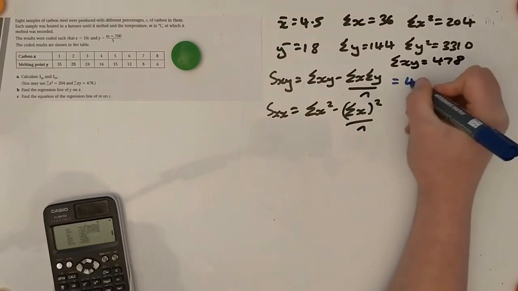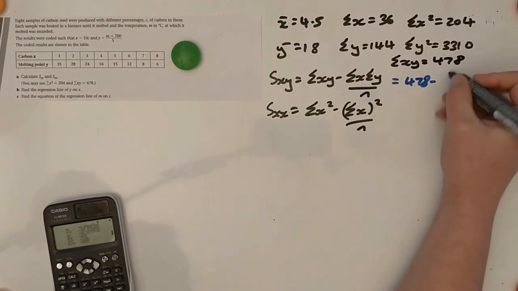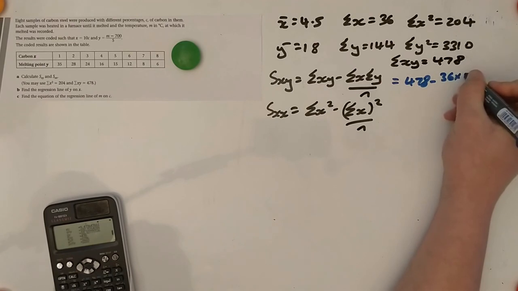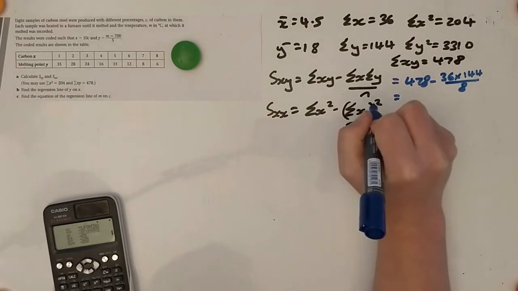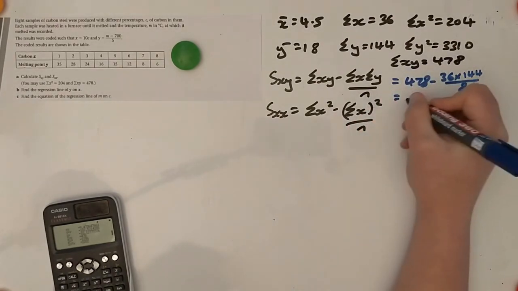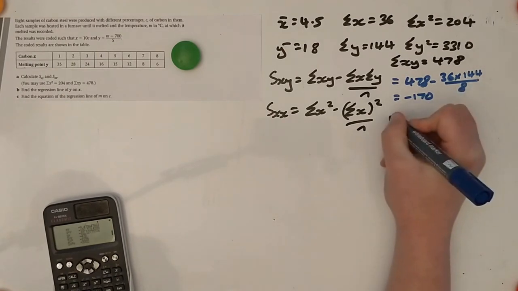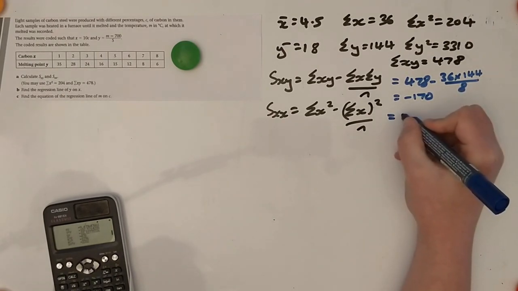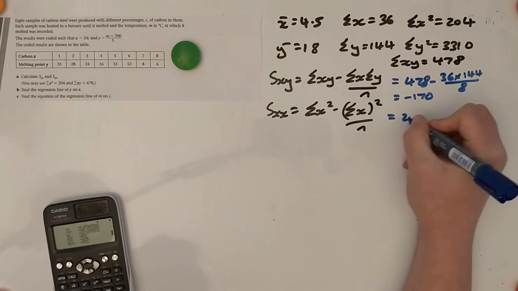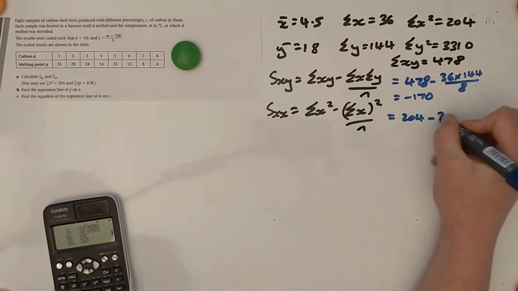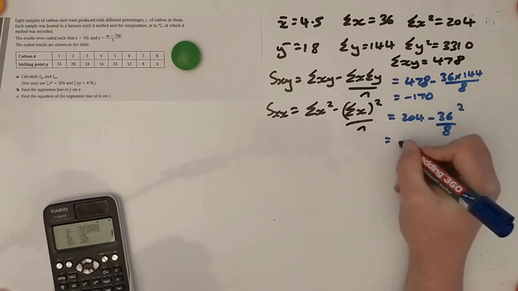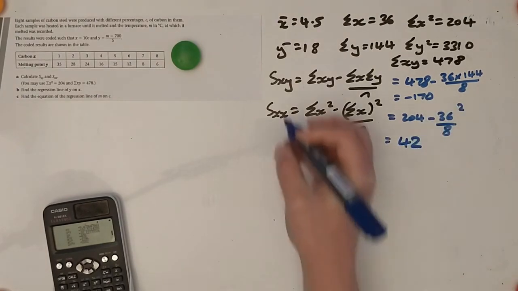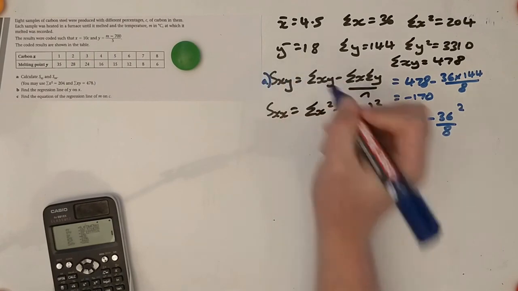So I've got 478 minus 36 times 144 over 8, giving me a value of Sxy of minus 170, and Sxx equals 204 minus 36 squared over 8, giving me a value of 42. So this is part A.